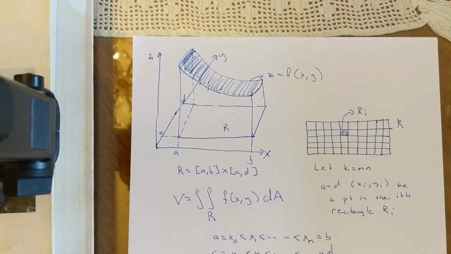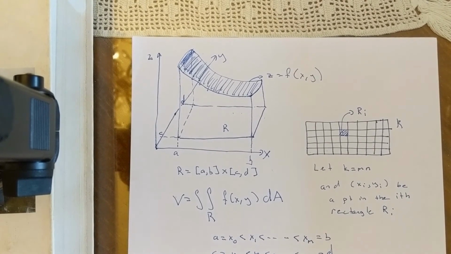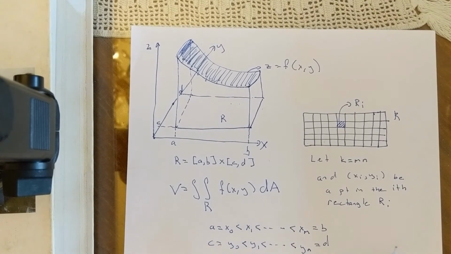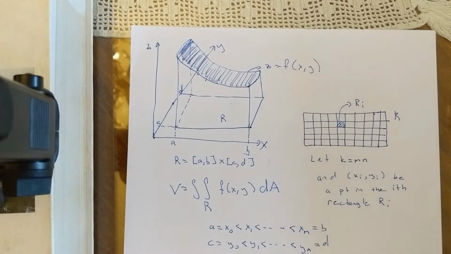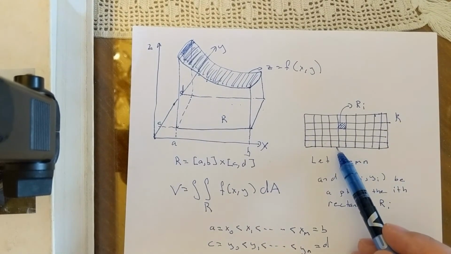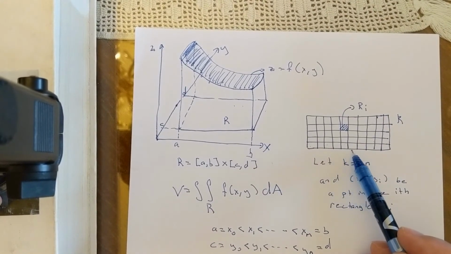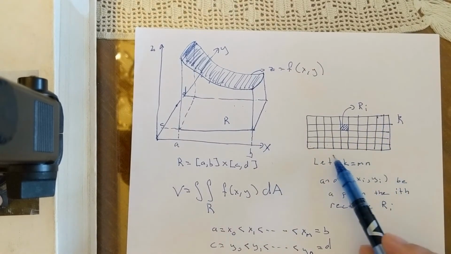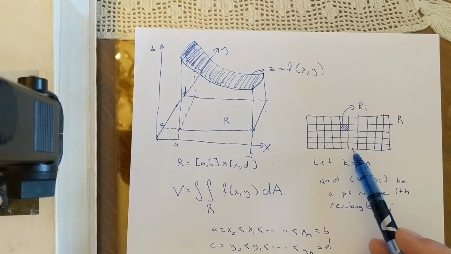Okay, so now what are we going to do? The first thing is I'm going to draw the region so that we're looking top down now. We have this region, and this time I'm going to break it into lots of small rectangles. This is the whole region, and I'm going to break it into lots of small rectangles.